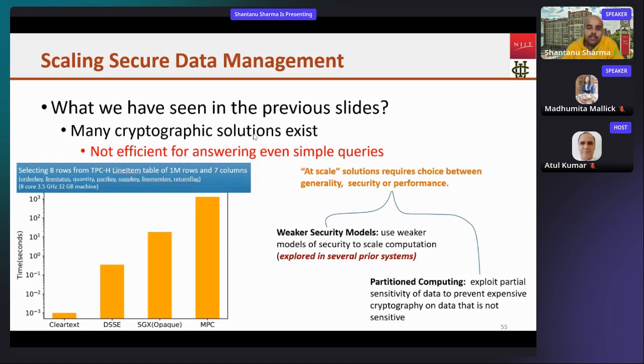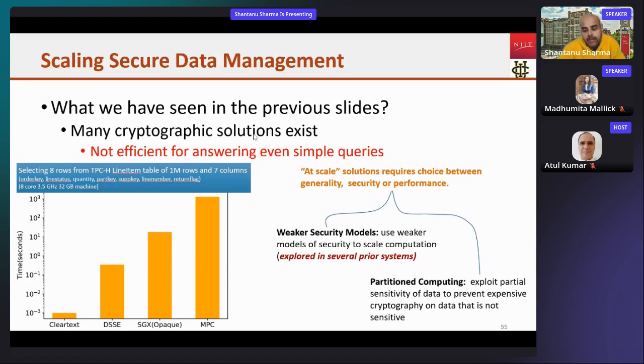And this is the same picture that I showed you, that these are the cryptographic techniques. The last three bars you can see are for the cryptographic or SGX based techniques. They are not very scalable. So the answer is partitioned computation.